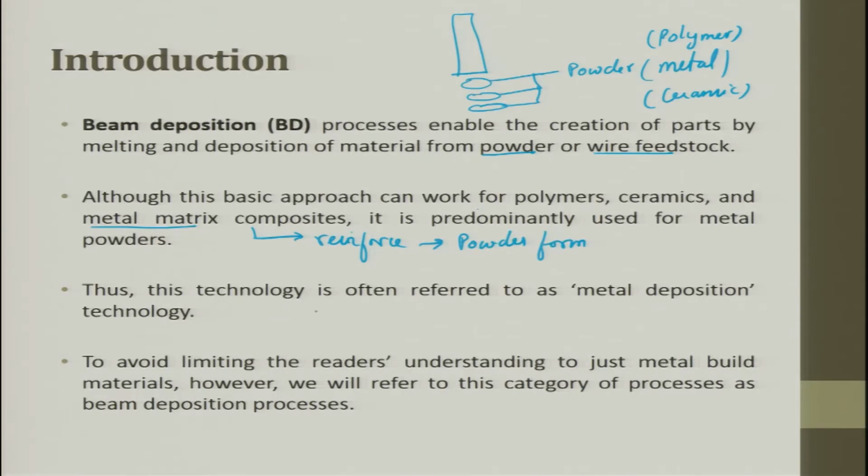Thus, this technology is often referred to as metal deposition technology. To avoid limiting the reader's understanding to just metal building materials, however, we will refer to this category of processes as beam deposition processes.